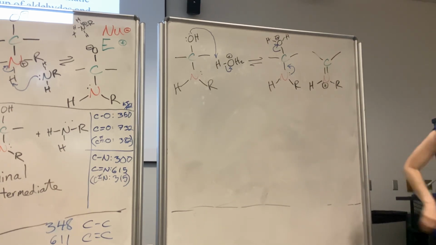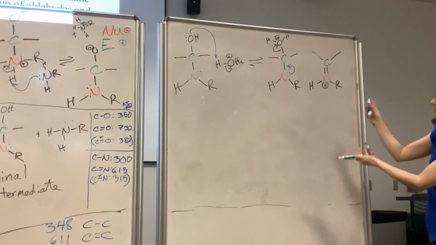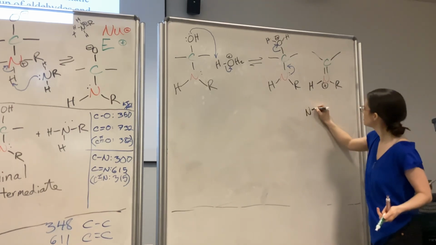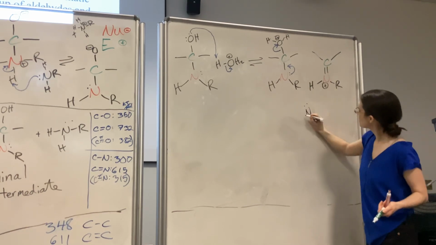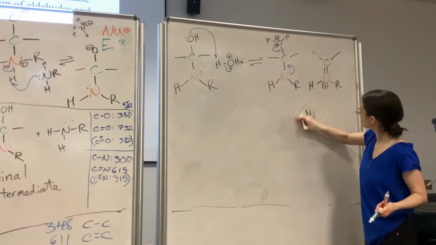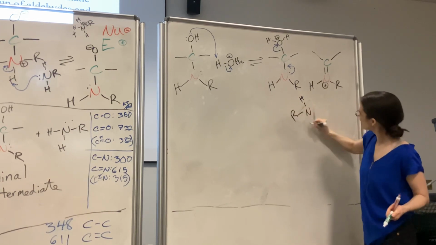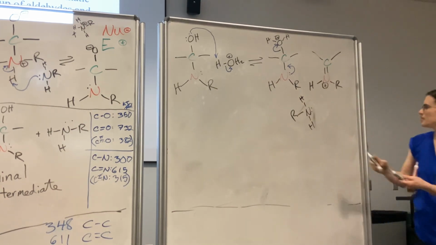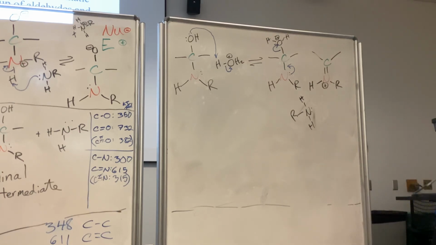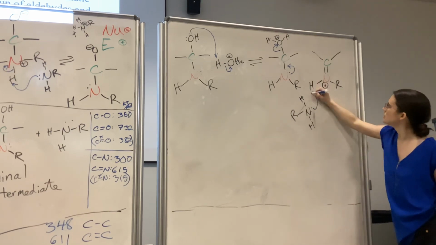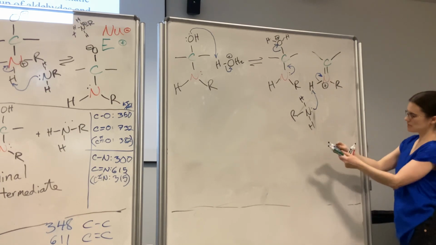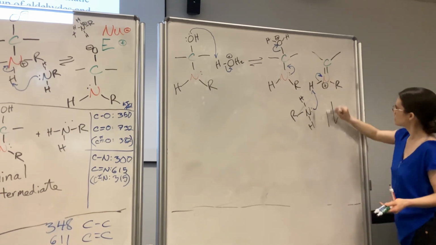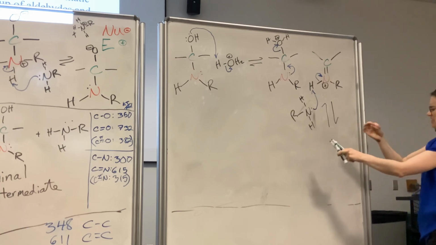I bet there's still, draw it conveniently this way. Wait. There's still some amine floating around. So we can take some of that amine and deprotonate that, do that, and we get a lot of colors.